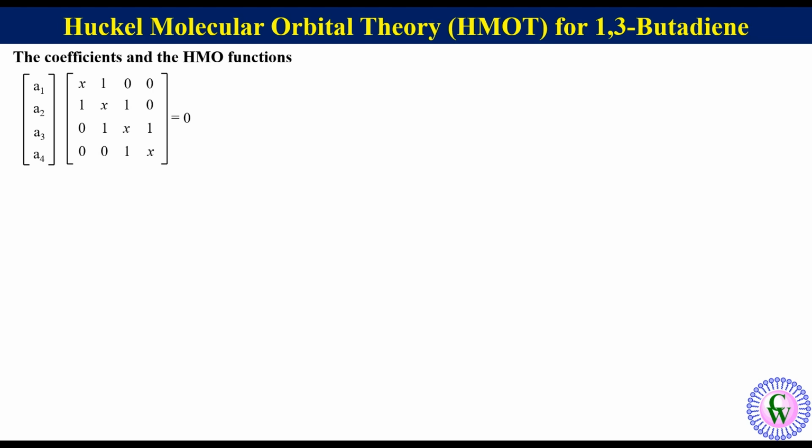So we can write the 4 secular equations. A1x plus A2 is equal to 0. A1 plus A2x plus A3 is equal to 0. A2 plus A3x plus A4 is equal to 0. And A3 plus A4x is equal to 0.